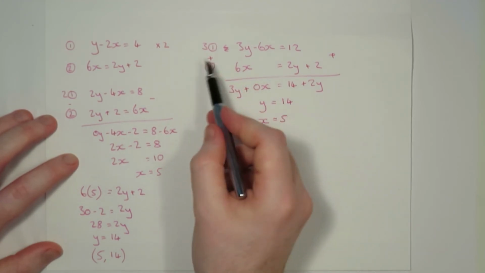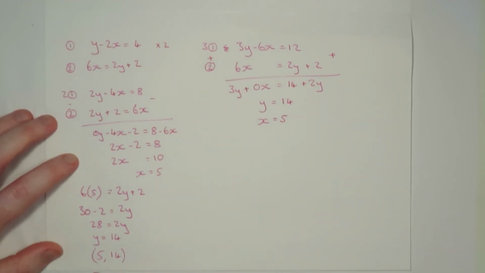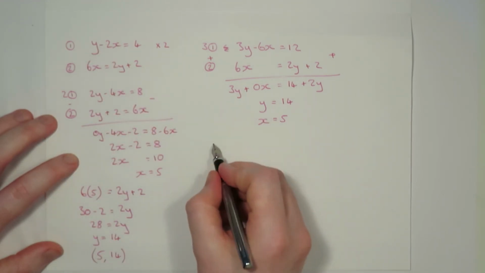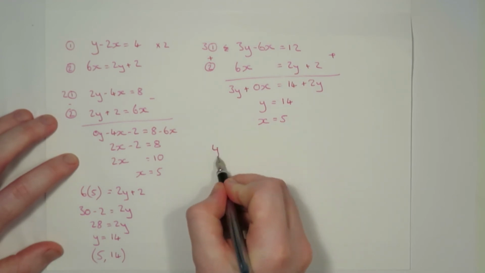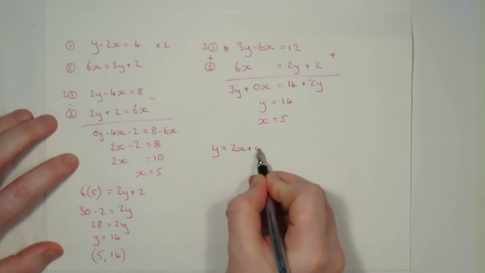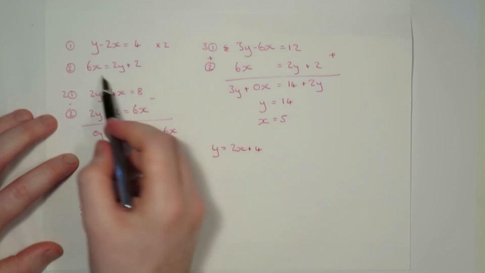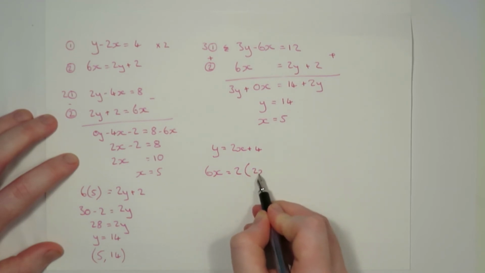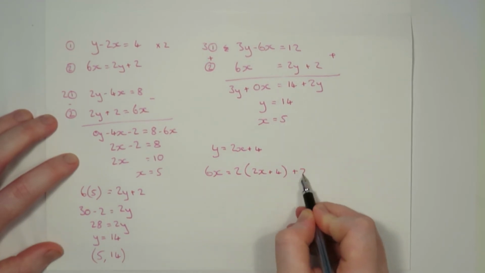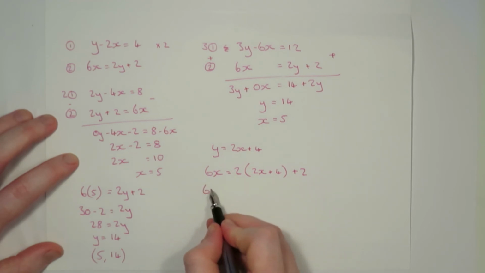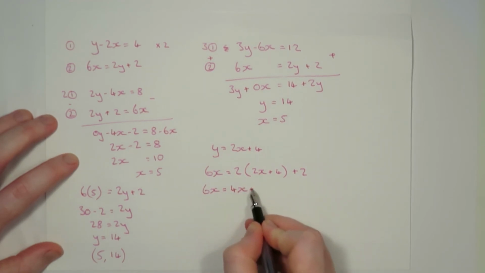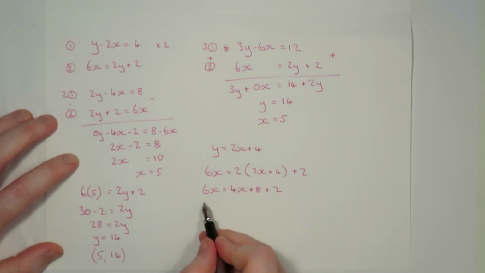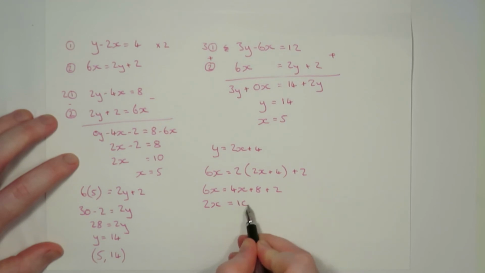The answers don't change regardless of how you decide to work this out. You know, if you would have changed this equation 1 here so that it was y equals 2x plus 4, and then you use that as a substitution here, so you would have had 6x equals 2 lots of y, and then if you expand that out, 4x plus 8 plus 2, subtract 4x off both sides, you have 2x equals 10.